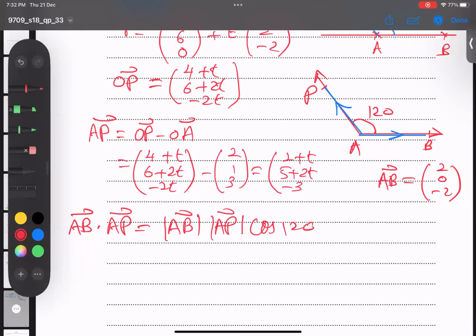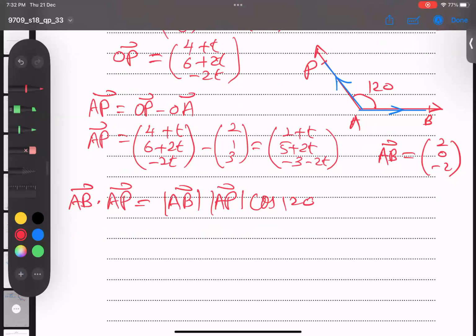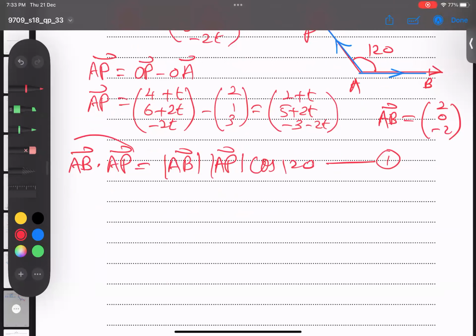Now get ready, students. Now I have job number 1, AP dot AB. Where is AP? This. Where is AB? This. I will find the dot product. Magnitude of AB I will get from here, and then process. So I will count this as equation number 1, but I will do it step by step. First I solve this, AP dot AB. Where is AB, student? AB is this, so I'm writing 2, 0, negative 2. Dot, where is AP?